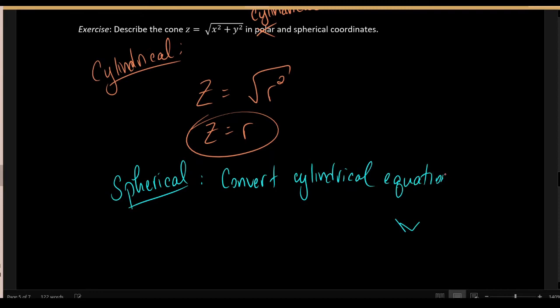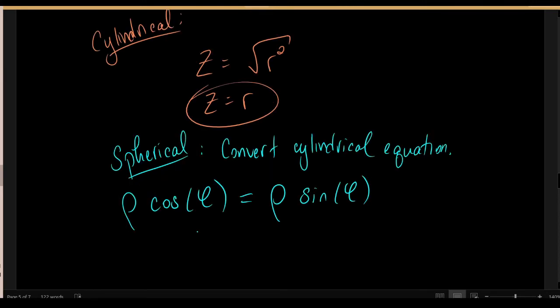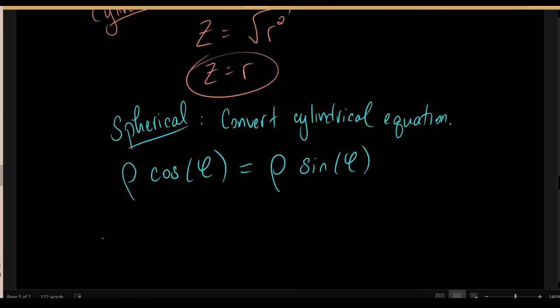Because we have a formula that can be used to convert r from cylindrical coordinates to spherical coordinates. R was equal to rho times sine of the angle phi. Z was equal to rho times cosine of the angle phi. So if I cancel the two rhos, this is telling me that cosine phi is a match to sine phi.